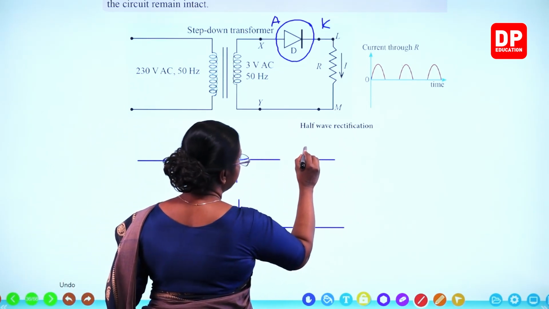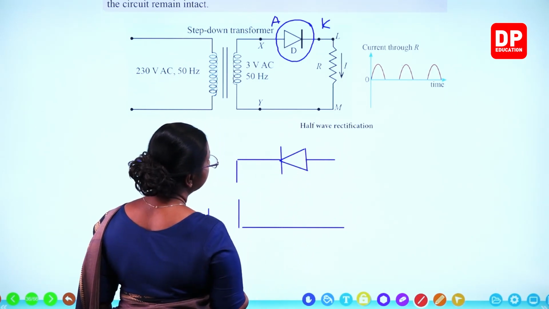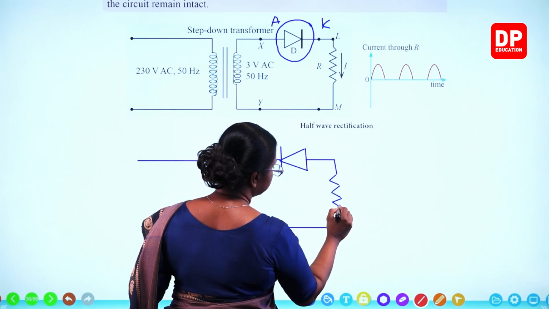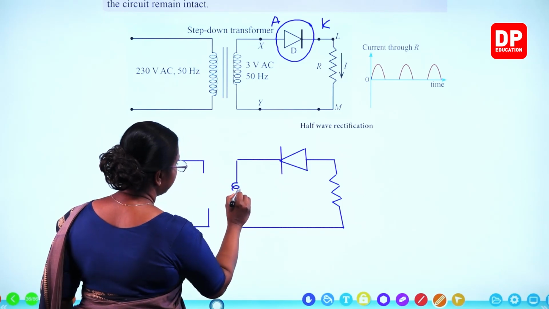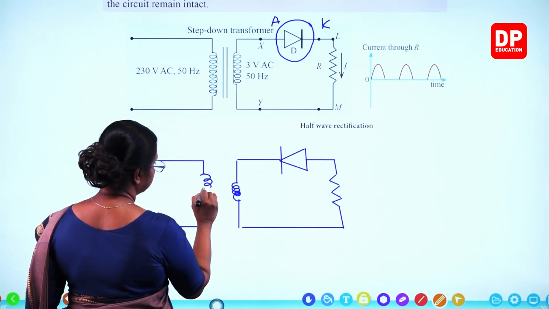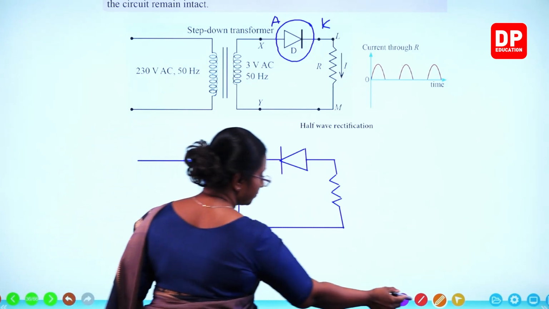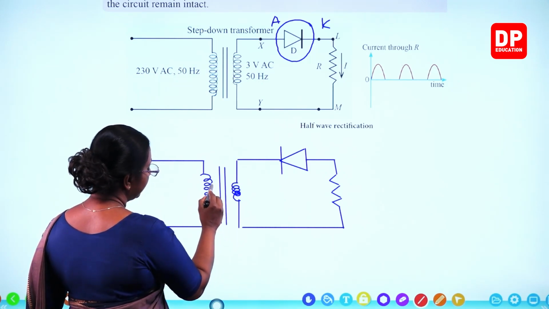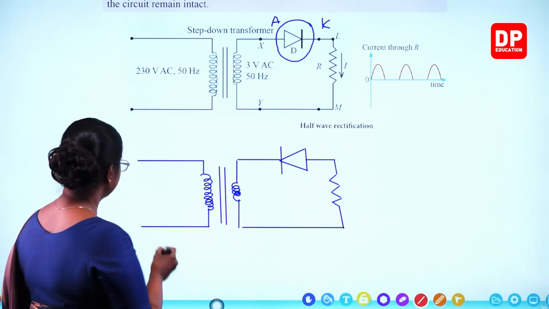The diode has to be in the opposite manner. It has to be connected this way. And we have the resistor there. Then here, of course, we have the transformer. So this is a step-down transformer. This is the symbol. You have the coil, input coil, output coil and two lines to indicate the step-down transformer.